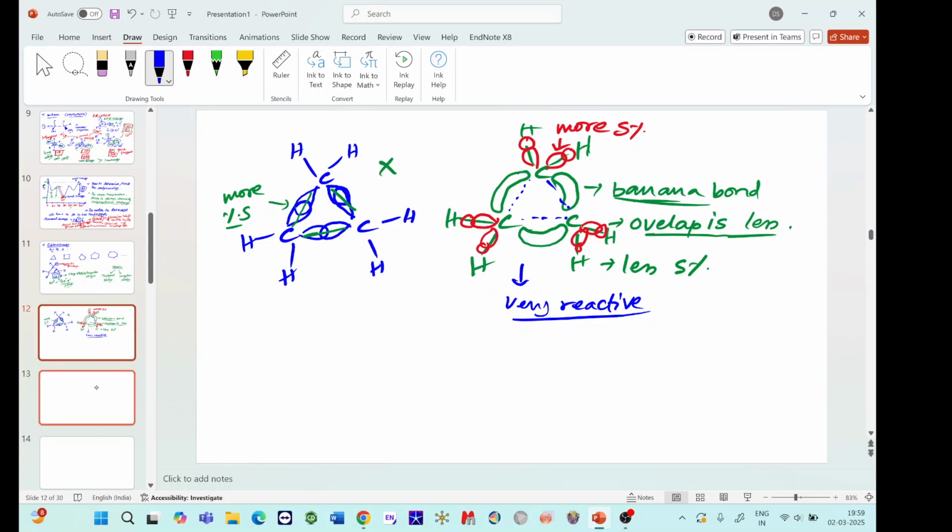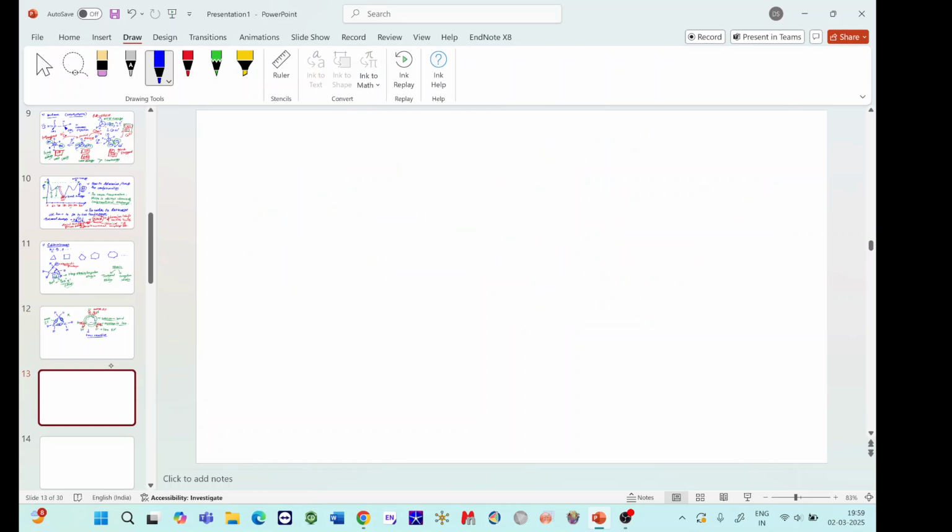So similarly, if you go to the higher analog, that means cyclobutane, it looks like this. So you have 90 degree. So we have some deviation from the ideal 109 degree, but that is less compared to cyclopropane.